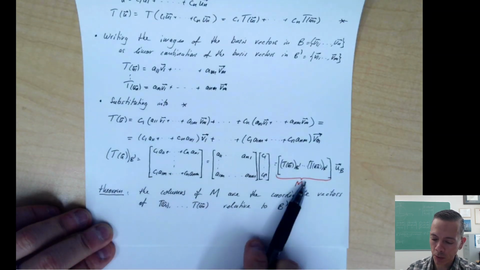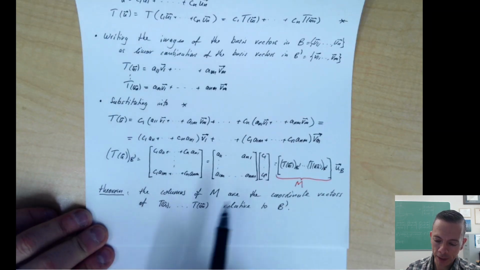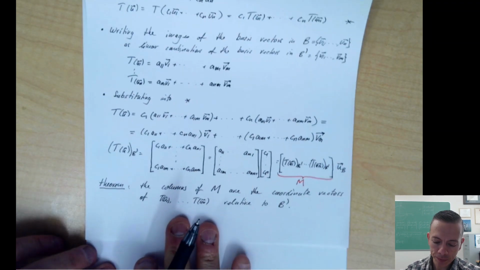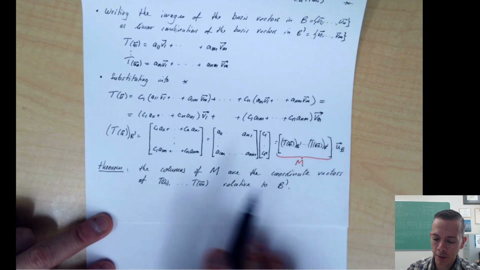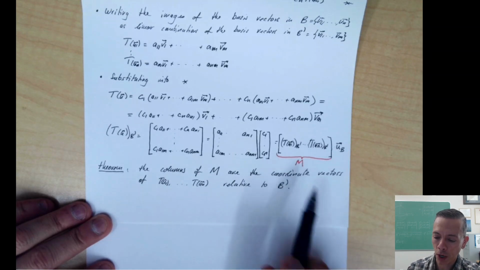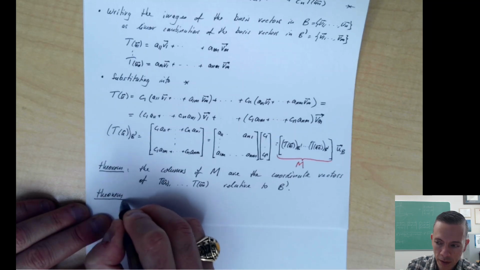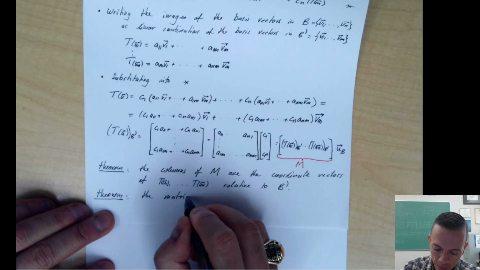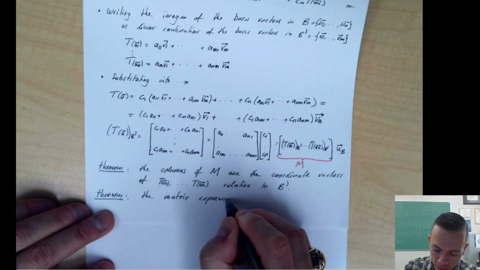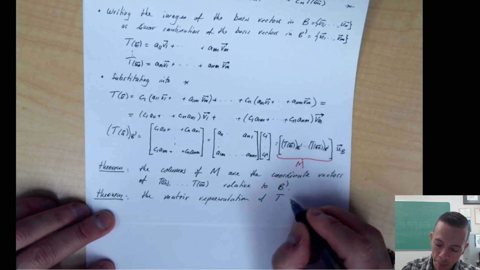So that's how you can build this matrix M, column by column. And so what you obtain then is a matrix transformation. And this matrix transformation is the representation of T, and it faithfully preserves all the properties of the transformation T. So we can write that as another theorem here: the matrix representation of T is a matrix transformation.